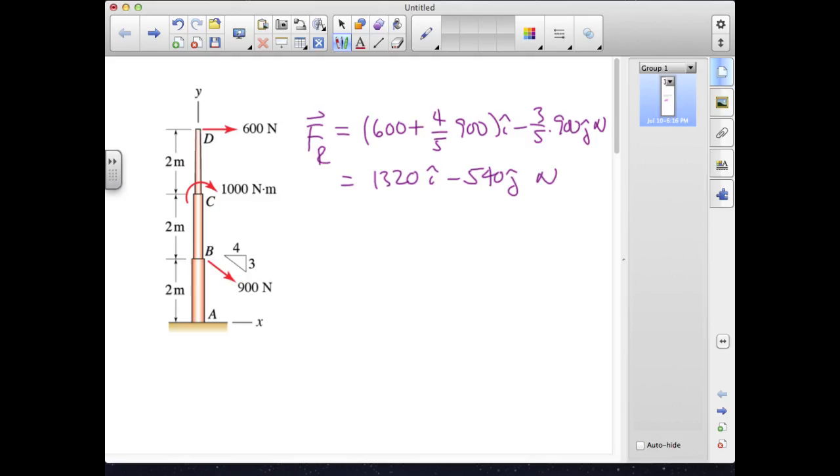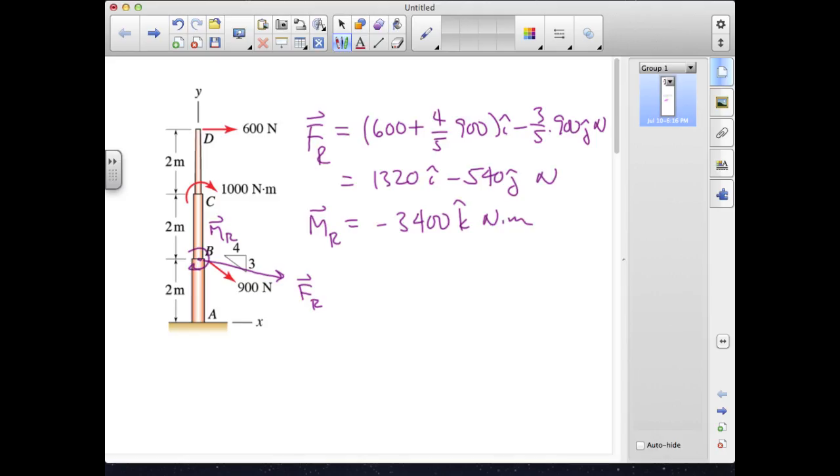They're both clockwise, so we end up with a resultant moment at B that's equal to minus 3400 K Newton meters.